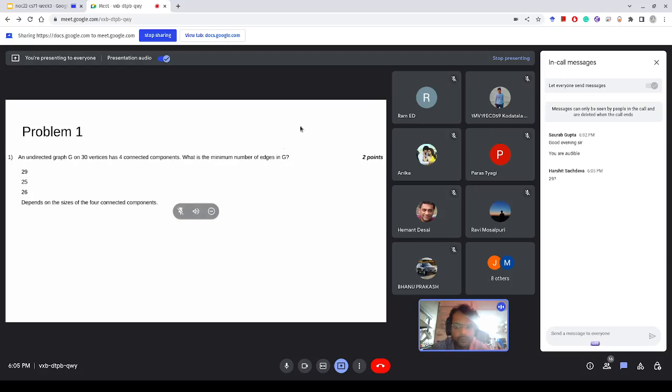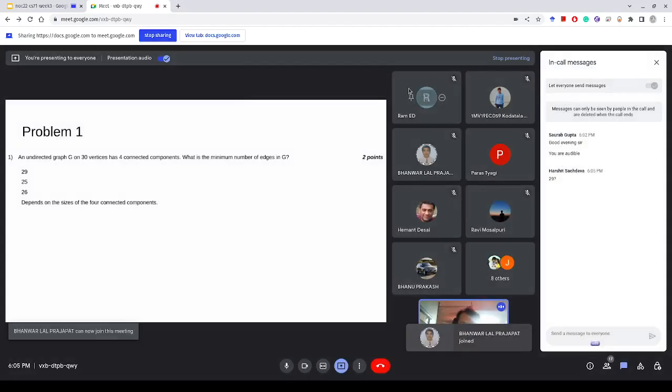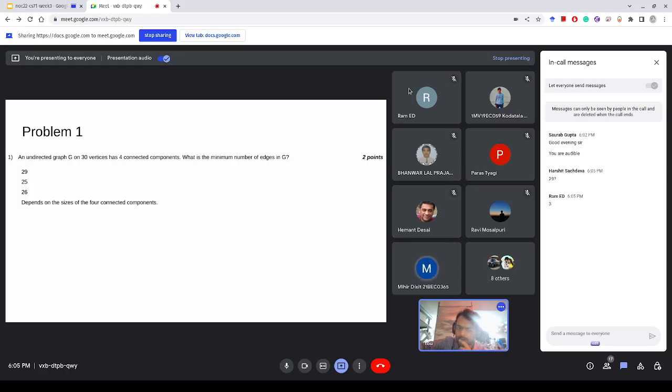Okay, so before answering this question, let me ask you one basic question. If I've given you a list of 3 vertices, so the graph is made of 3 vertices, v1, v2 and v3, then what is the minimum number of edges that the graph can have? The graph G will have vertices and edges, so tell me what is the minimum number of edges that graph can have? Think about it. Do they all have to be connected?